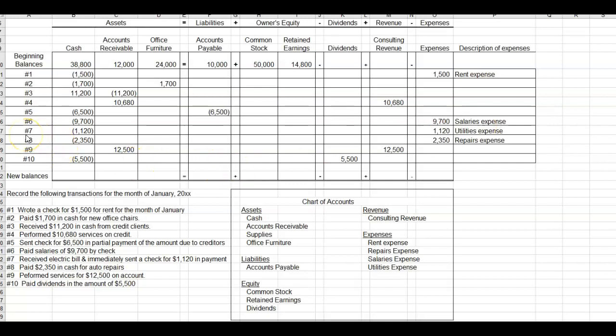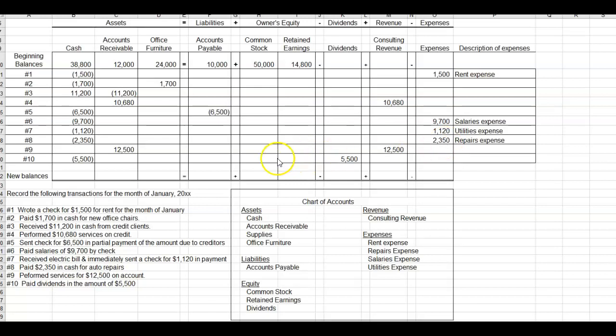Transaction 7, paid $1,120 for the electric bill, decrease to cash $1,120, increase to utilities expense $1,120. Transaction 8, paid $2,350 for auto repairs. Decrease cash $2,350, increase repairs expense $2,350.